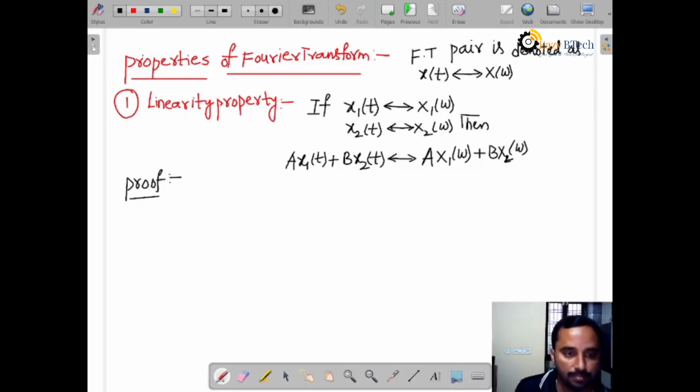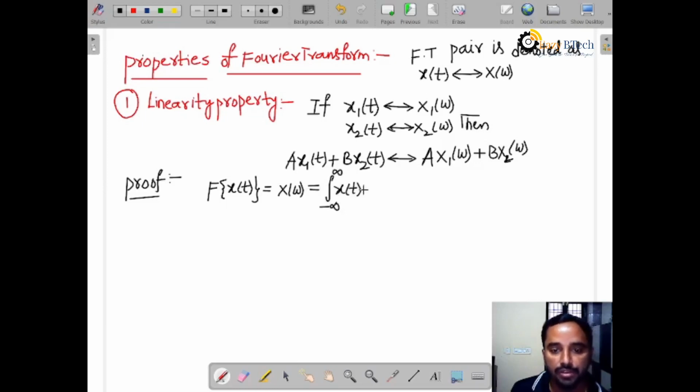So we know the Fourier transform of a signal x of t: capital X of omega is equal to the integral from minus infinity to plus infinity of x of t into e to the power minus j omega t dt.